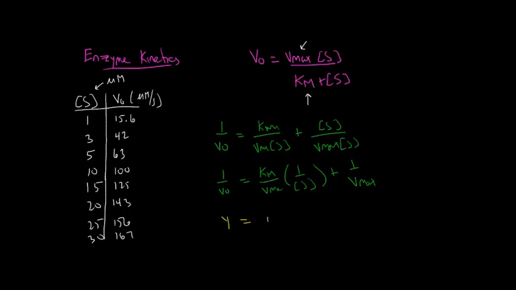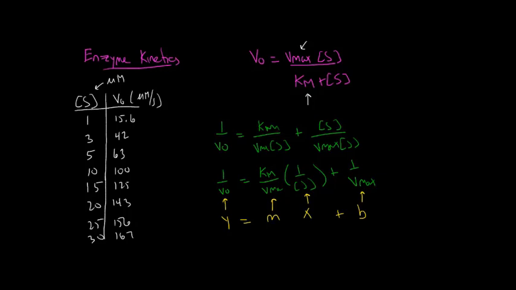The reason this is so very useful is that we end up with a y equals mx plus b situation. We end up with a linear relationship where y is 1 over V naught, x is 1 over the substrate concentration, the y-intercept is 1 over Vmax, and the slope of the line is Km divided by Vmax.